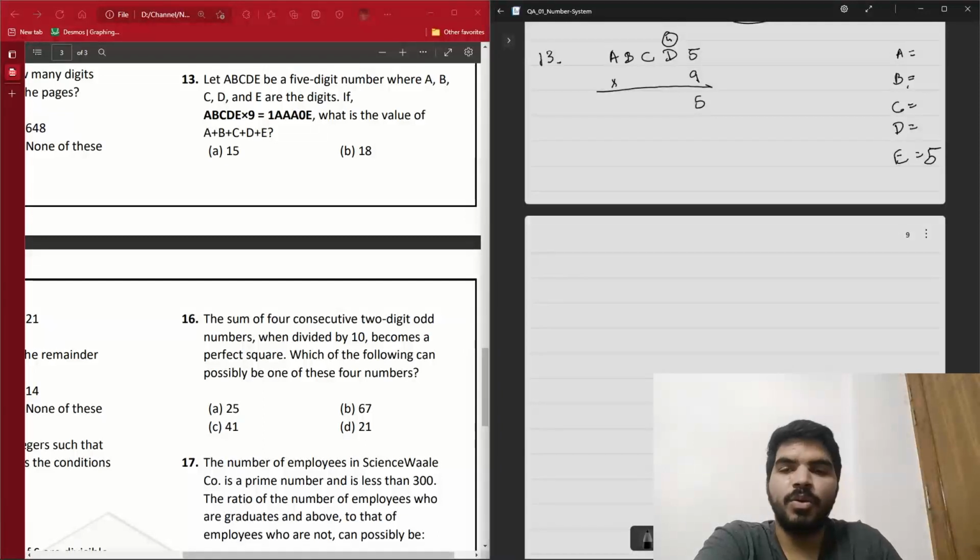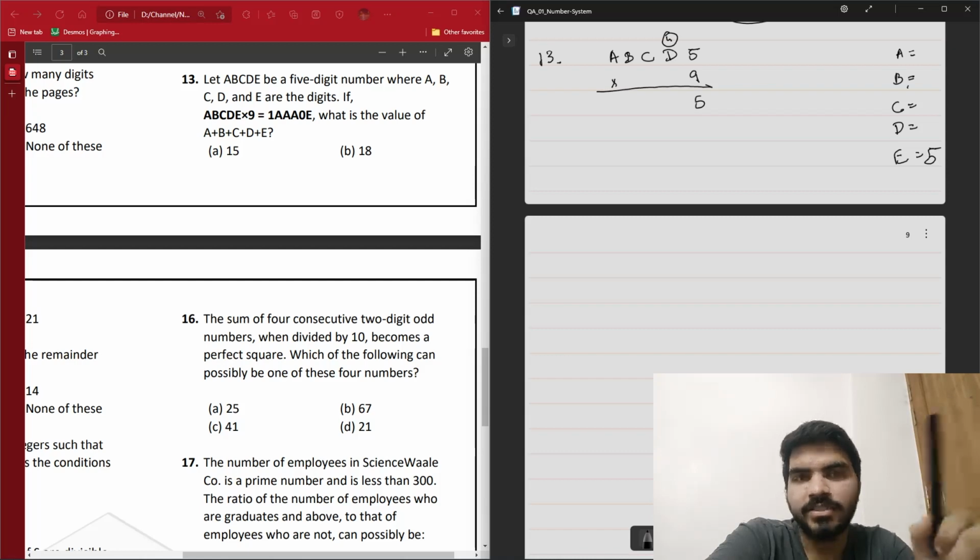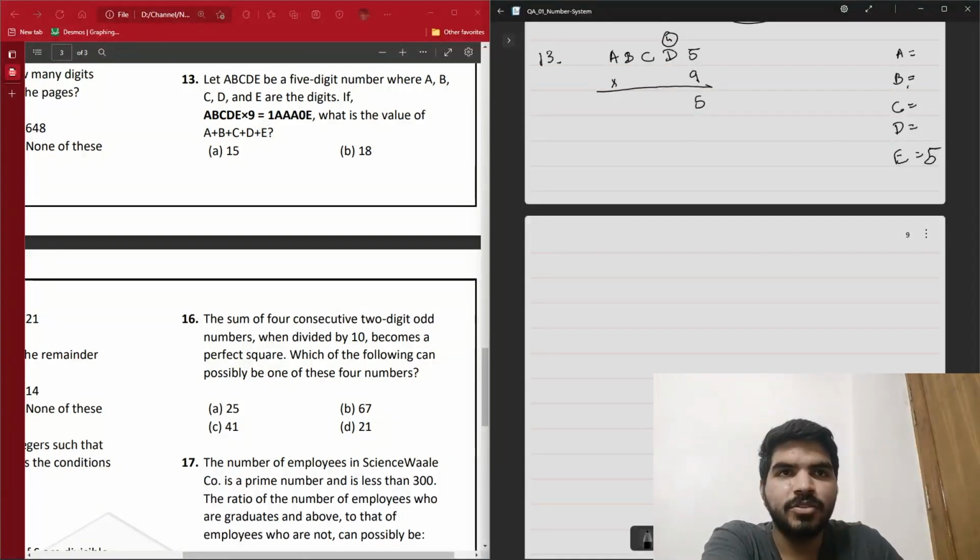Only one multiple of 9 gives 6 at the end, so that it becomes 0. It is 9 times 4, 36. 36 plus 4 is 40. So this part has to be 4. So D is 4. We got 0, we are satisfying the equation as well, and this carry will be 4.